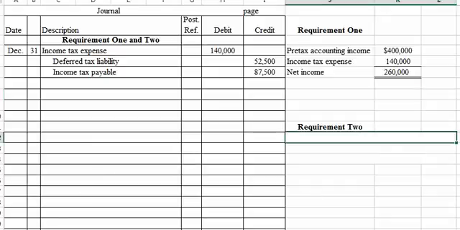Okay, requirement 2 asks, what will Alvis report in the balance sheet pertaining to income taxes?